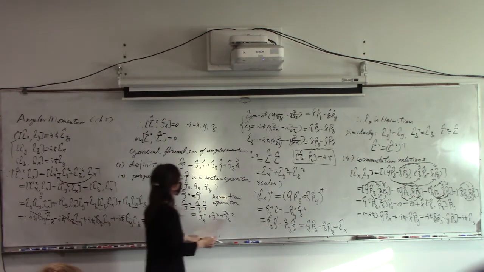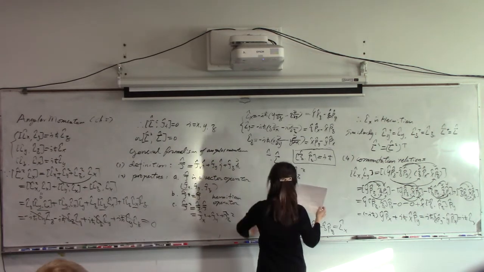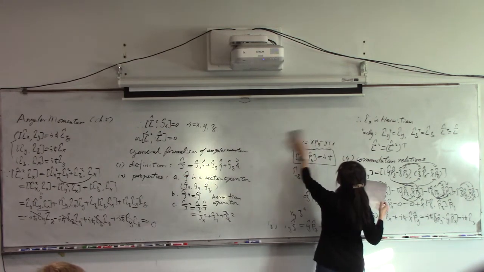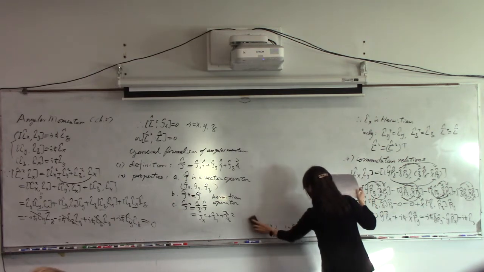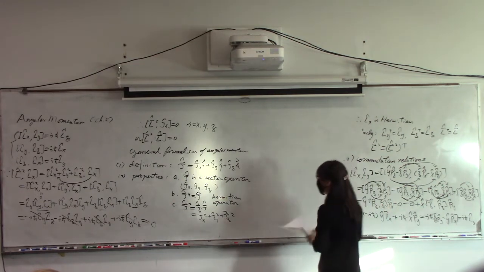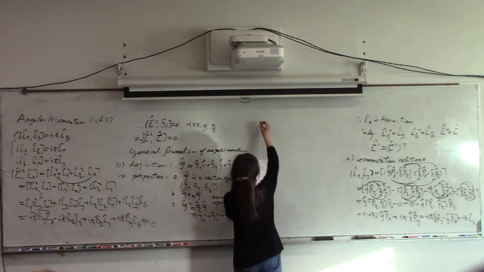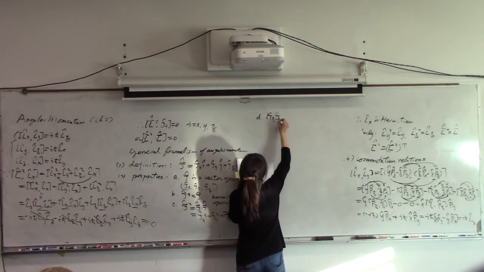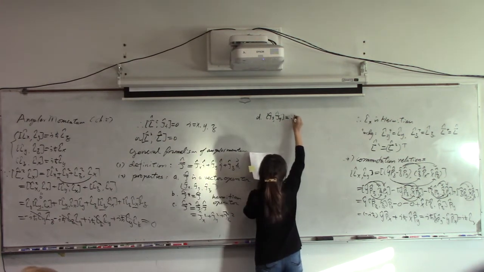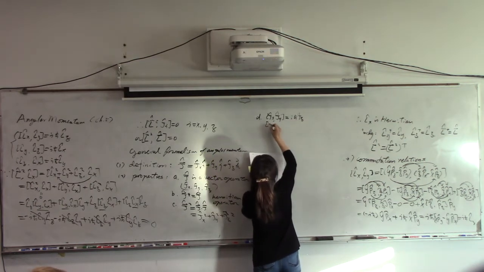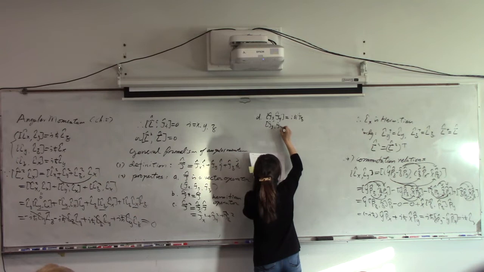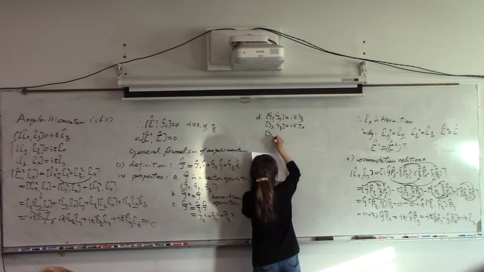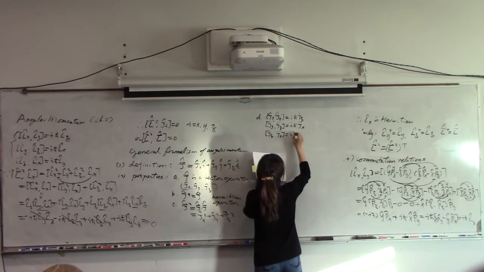That's number C. Then the commutation relation follows the same thing. Since the orbital angular momentum has the commutator relation between the components, the general angular momentum will also have the same. So D, we will have Jx must follow this commutator with Jy, i h bar Jz, and Jy with Jz is i h bar Jx, Jz with Jx is i h bar Jy.